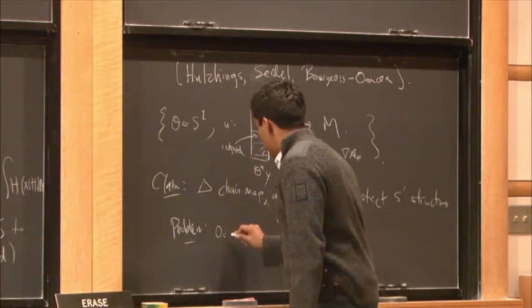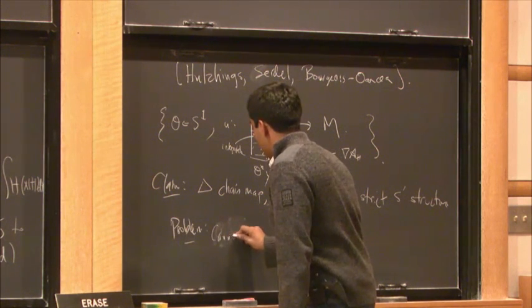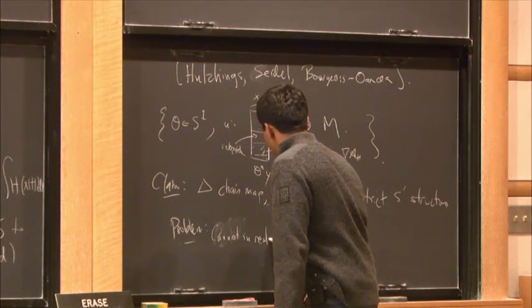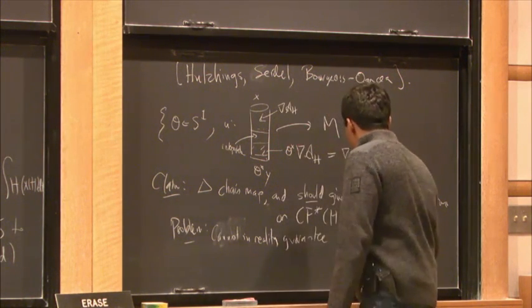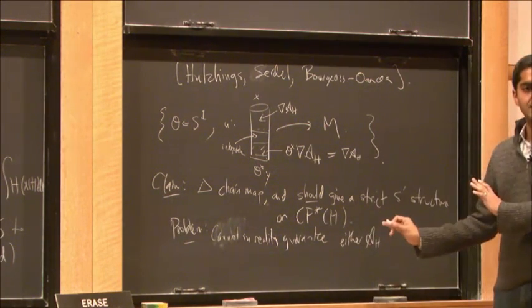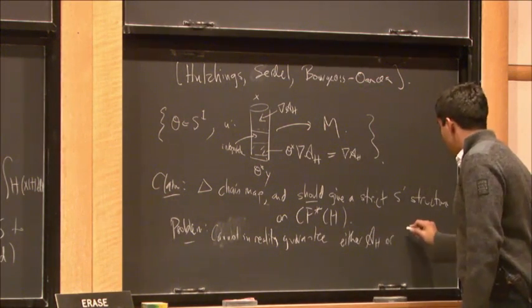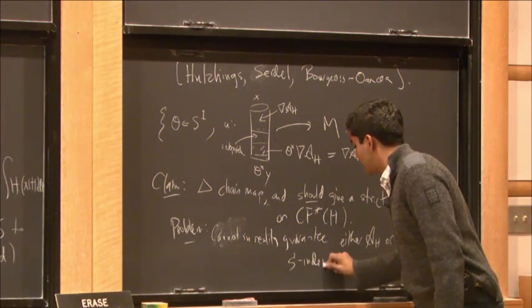Okay, so we cannot, in reality, guarantee that either the action functional for which we are really taking Floer homology or the metric are S1 independent.